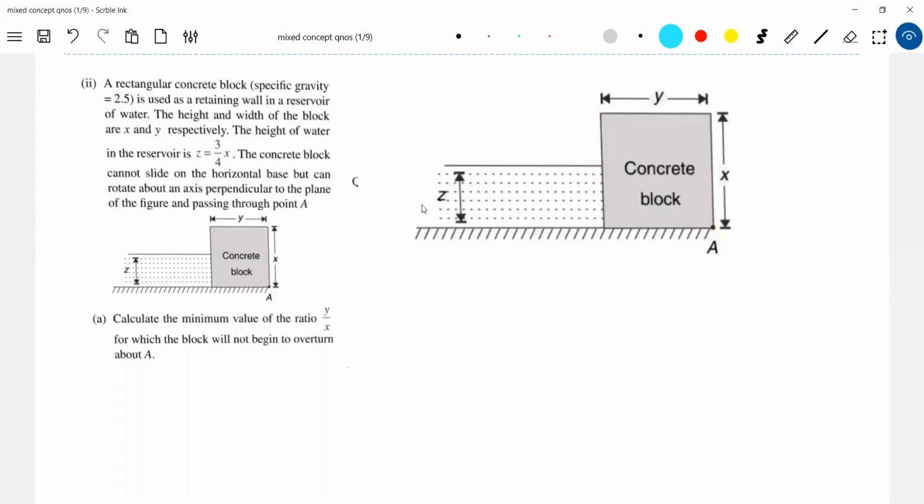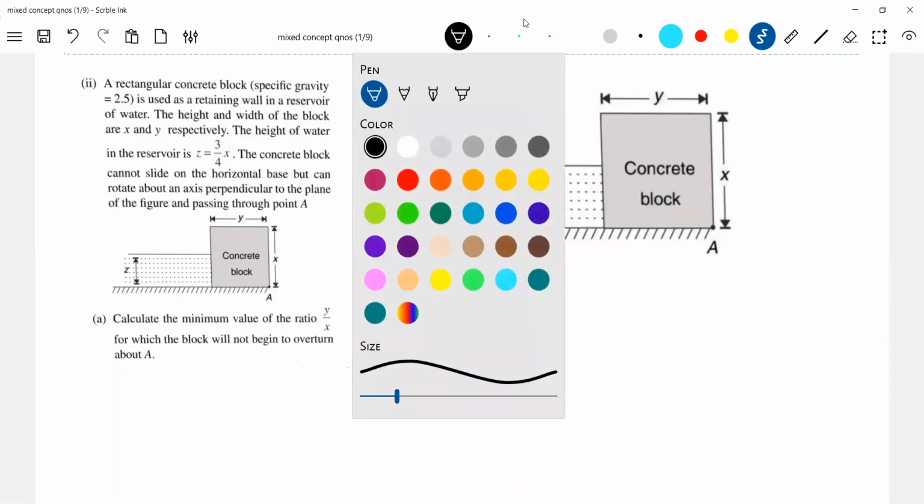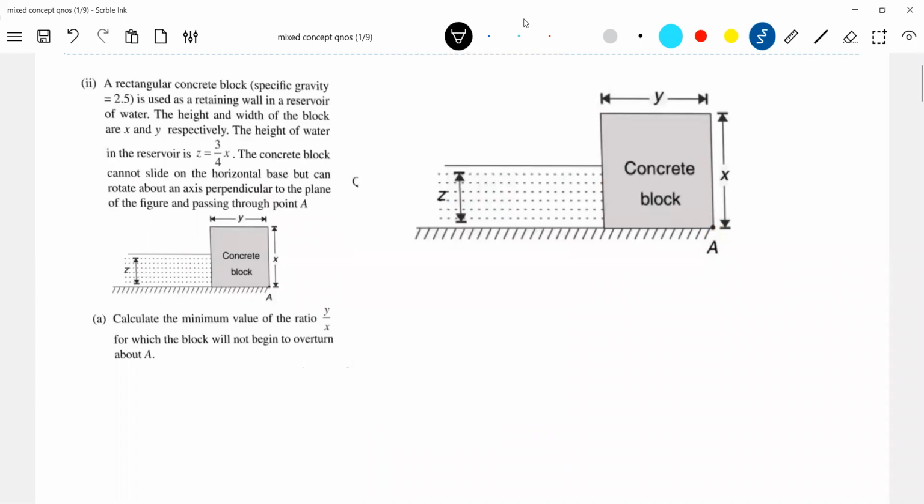Okay, how to get directly into that torque idea. So as we know, rectangular concrete block.